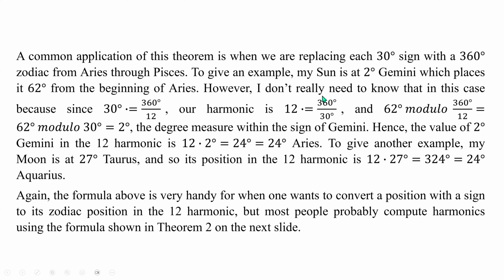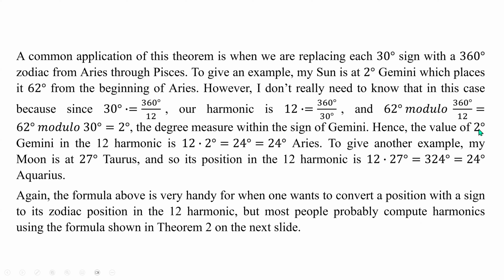However, I don't really need to know that in this case because since 30 degrees is equal to 360 degrees divided by 12, our harmonic is 12, which is, of course, equal to 360 degrees divided by 30 degrees. And 62 degrees modulo 360 degrees over 12, that's going to be 62 degrees modulo 30 degrees, which is equal to 2 degrees. If you divide 62 by 30, you get a remainder of 2. And that is going to be the degree measure within the sign of Gemini.